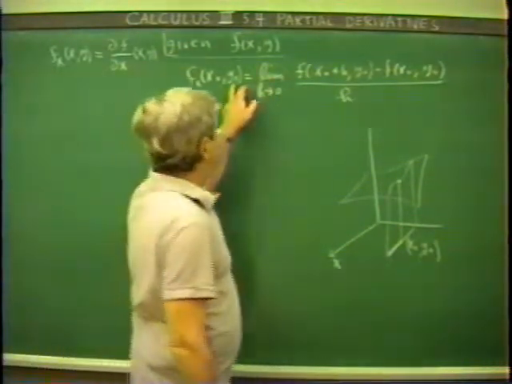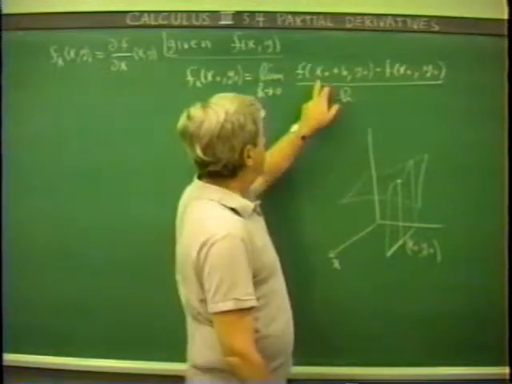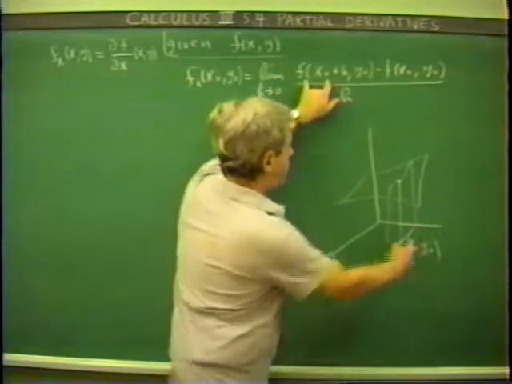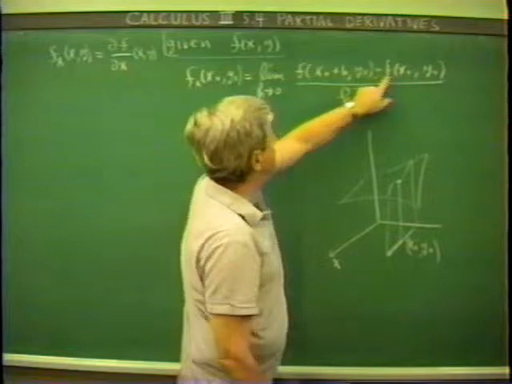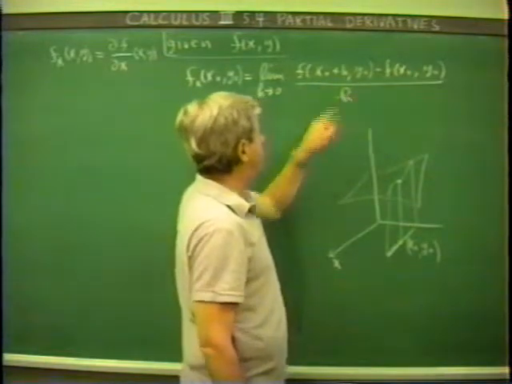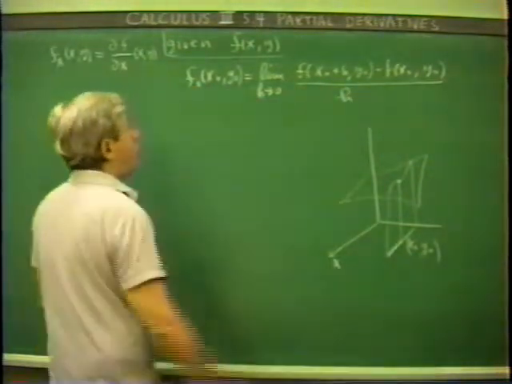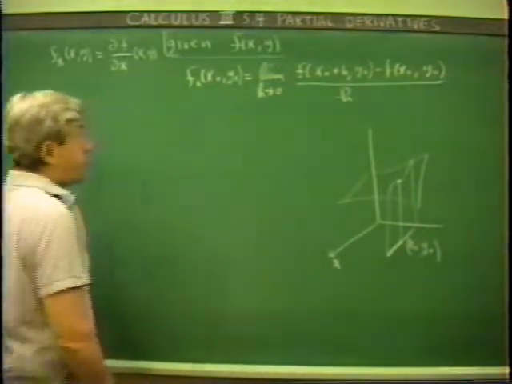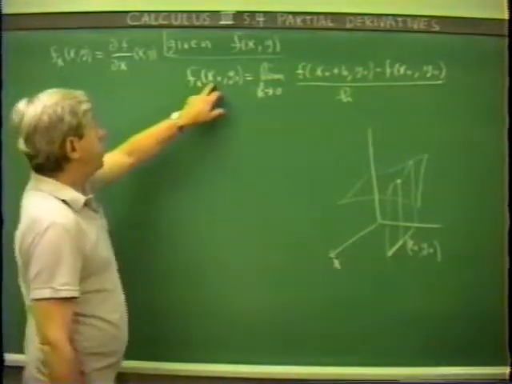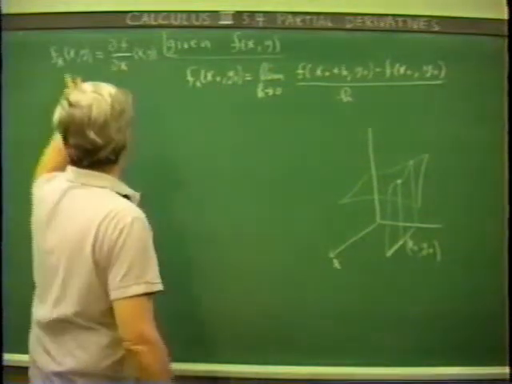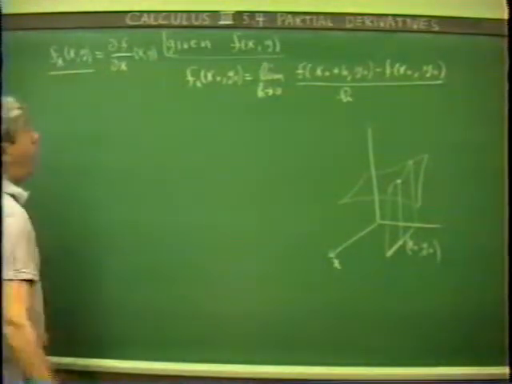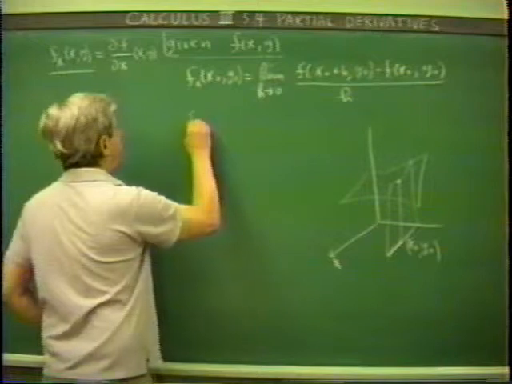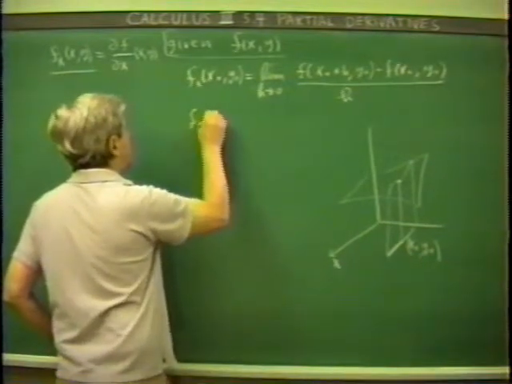So what this means is you fix y naught and you look at the difference quotients for that fixed y naught, f of x naught plus h minus f of x naught and y naught, divided by h. This is the same as the ordinary derivative if y naught is fixed. And now, of course, if this exists for each point x naught and y naught, it defines a function of x and y.